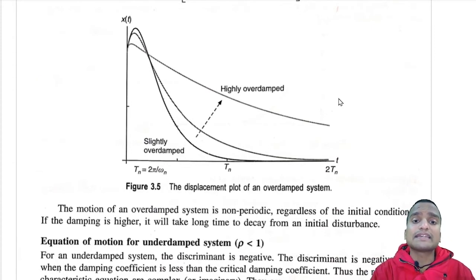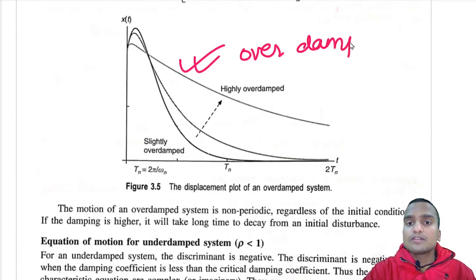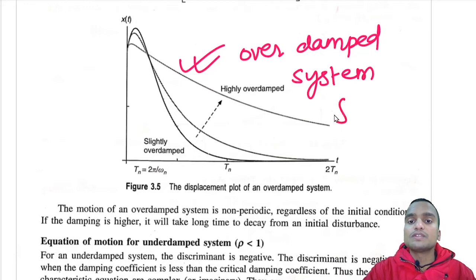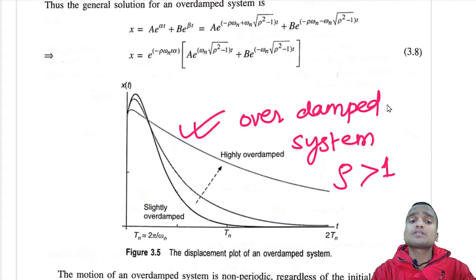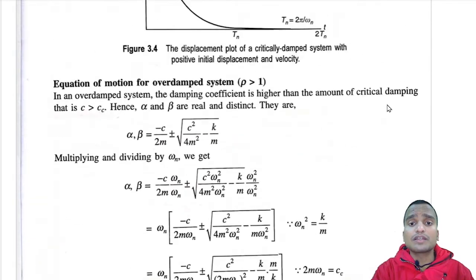It will also be decaying like this only. This is a graph for the over damping system. Just remember, in an over damped system rho value is greater than 1, there is no oscillation. You are just seeing a decaying curve, the amplitude is decaying.